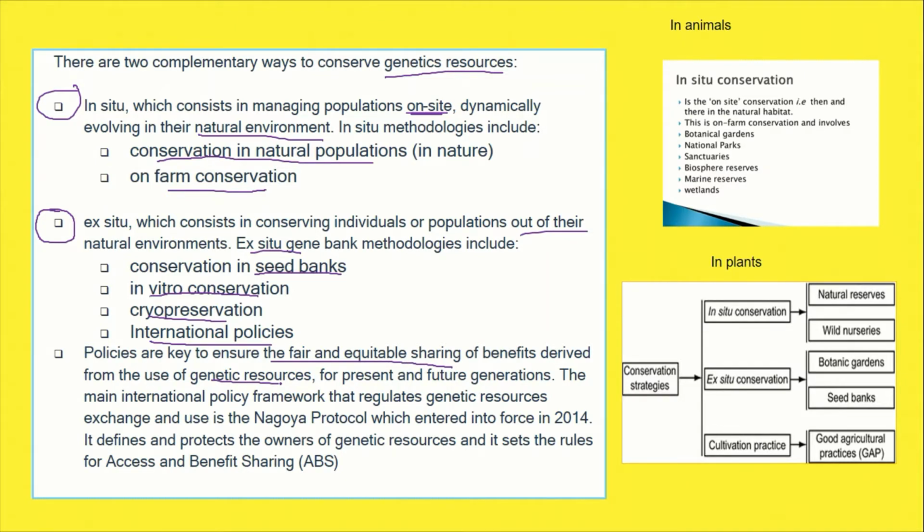So usually we are going to have international policies like the Nagoya Protocol, which was made in 2014, and it is usually there to define and protect the owners of genetic resources, such that if you find a genetic resource within a certain locality or geography, this protocol defines and protects who the owners are, to ensure that they have access and benefit sharing.